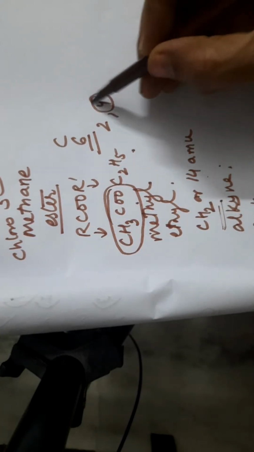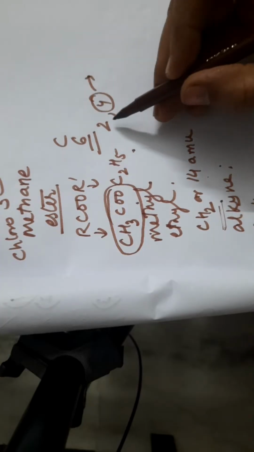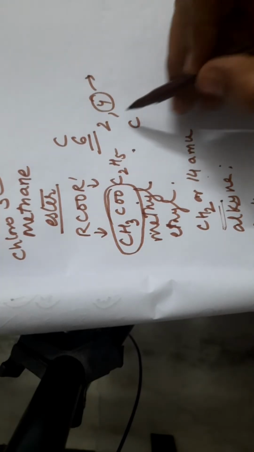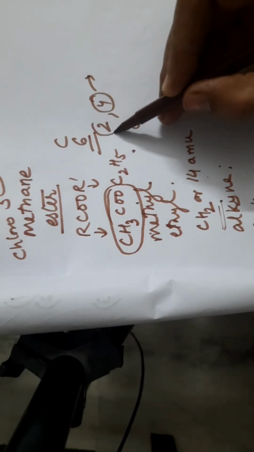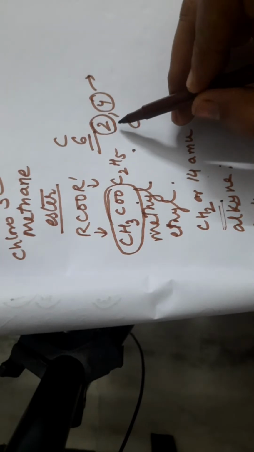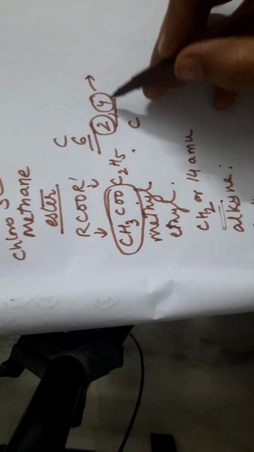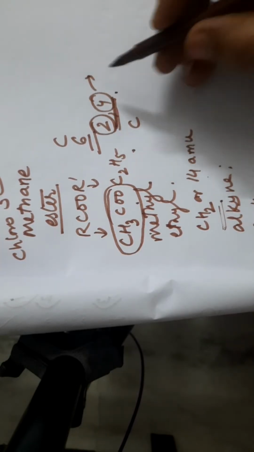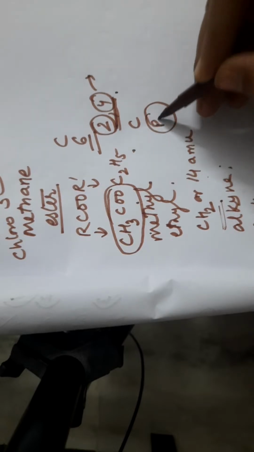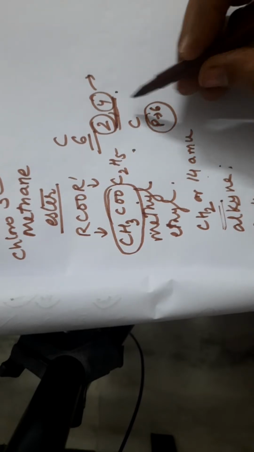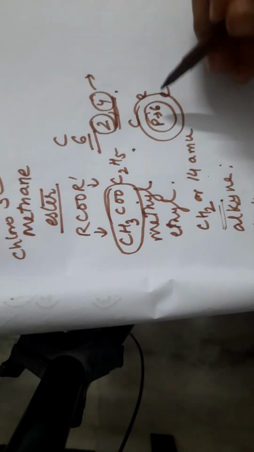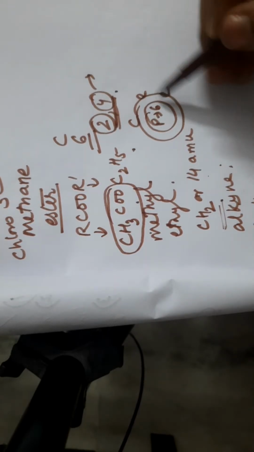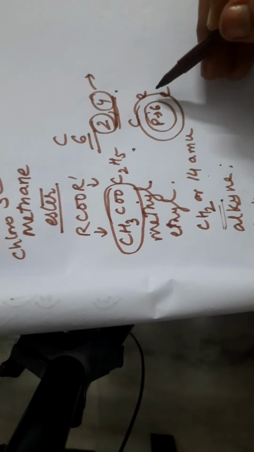If it loses its 4 electrons, it will become C4+. Inside the nucleus there will be 6 protons, as atomic number is the number of protons and electrons, whereas only 2 electrons are there outside. So there is a lot of difference created, thus the atom will become unstable.